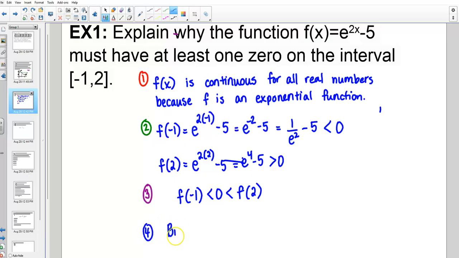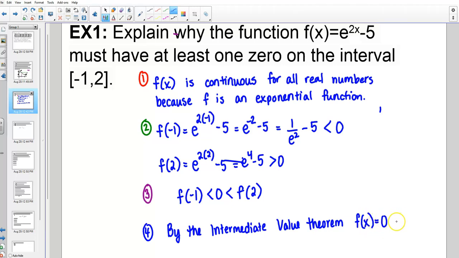So we're going to say, by the intermediate value theorem, f of x equals 0 at least once on the interval from negative 1 to 2.